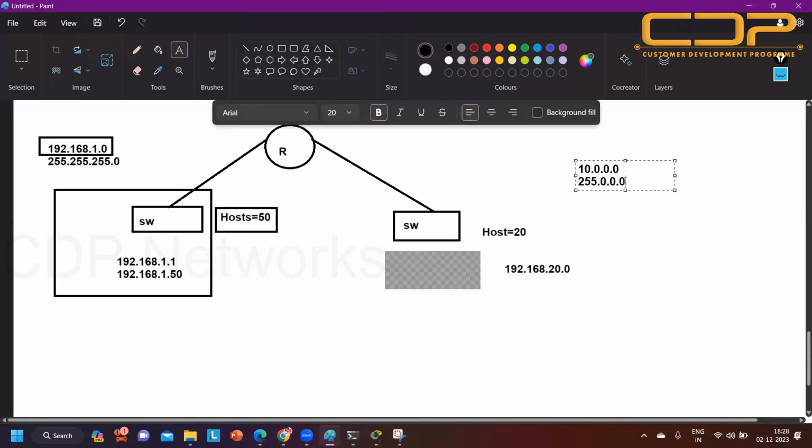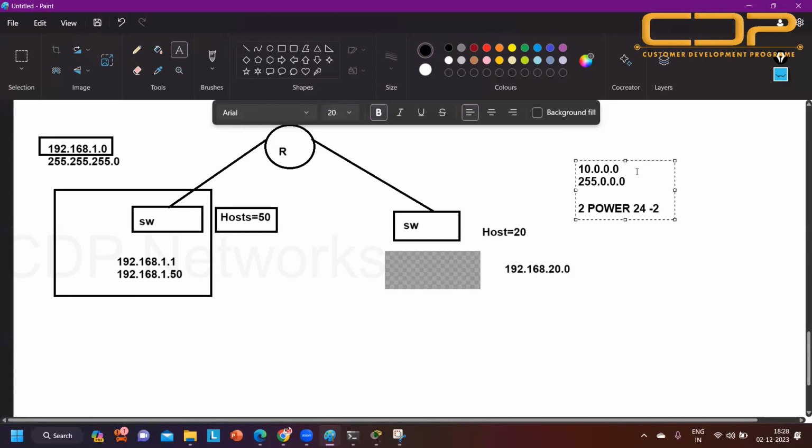You can see there are lots of IP addresses in this network. How many? 2 to the power 24 minus 2. Am I right? A huge number of IP addresses.